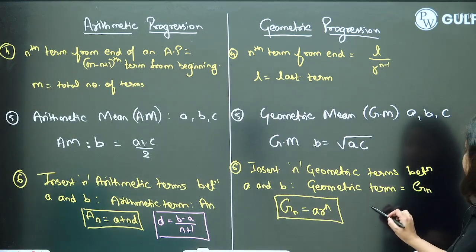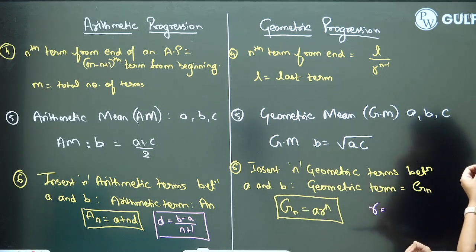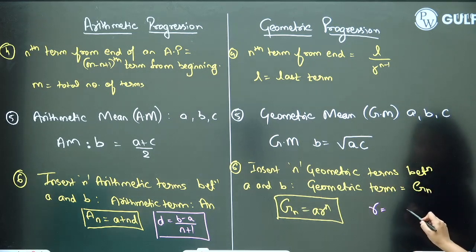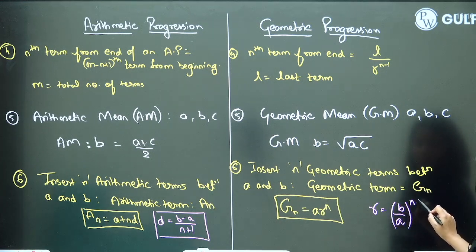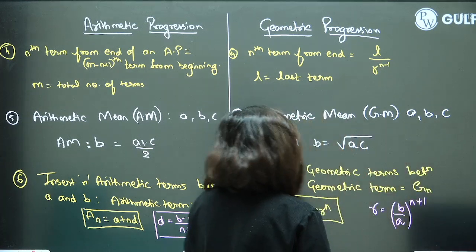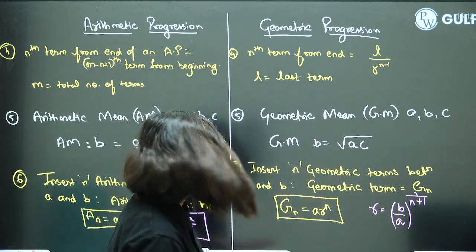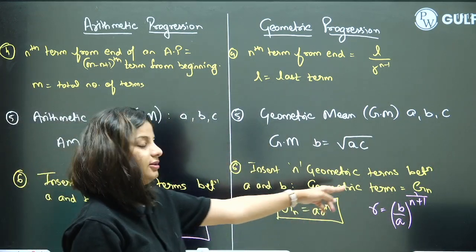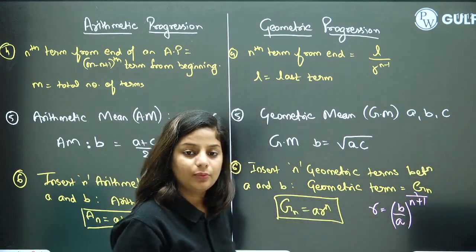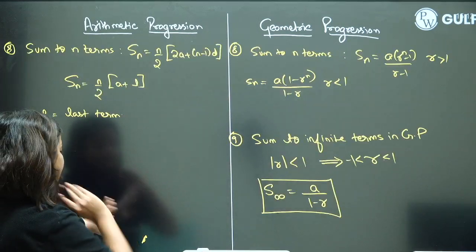And similarly, you can get the common ratio r, which is equal to B by A the whole raised to 1 upon n plus 1. Like here it's the n plus 1th root.